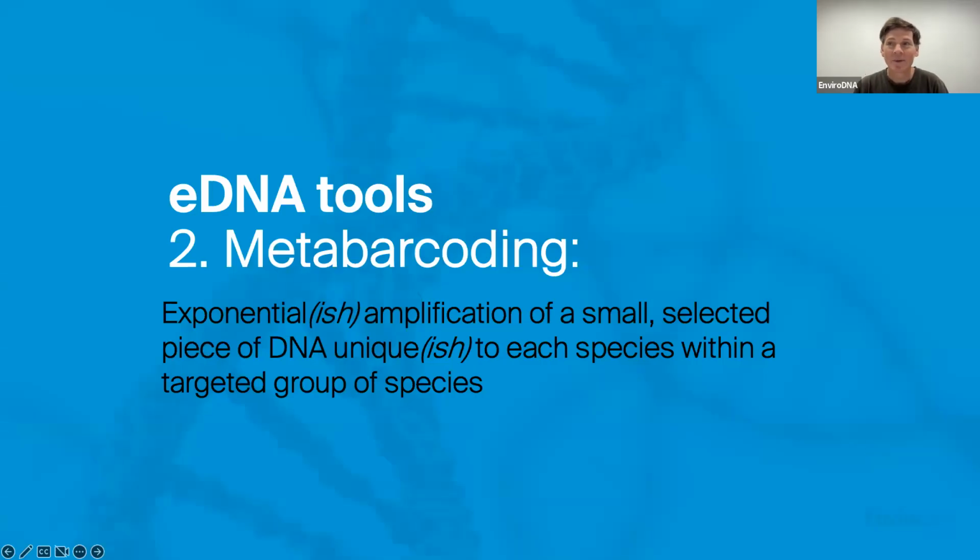The problem gets a little bit more complicated when you turn to metabarcoding, which is based on PCR, and so in theory is exponential, but that varies. So you get sort of exponential-ish amplification of a small select piece of DNA that is unique-ish to each species, hopefully within a targeted group of species. So these assays can be broad.